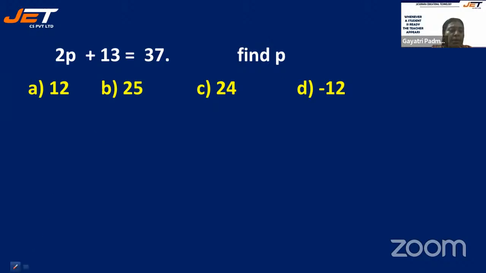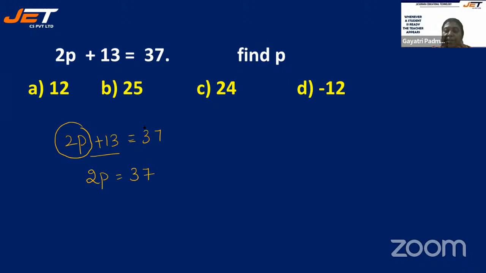Let me use my pen. So 2p plus 13 is equal to 37. Now here we have addition and we want the value of p. So to get the value of p, first you need to get the value of 2p. Isn't it, students?